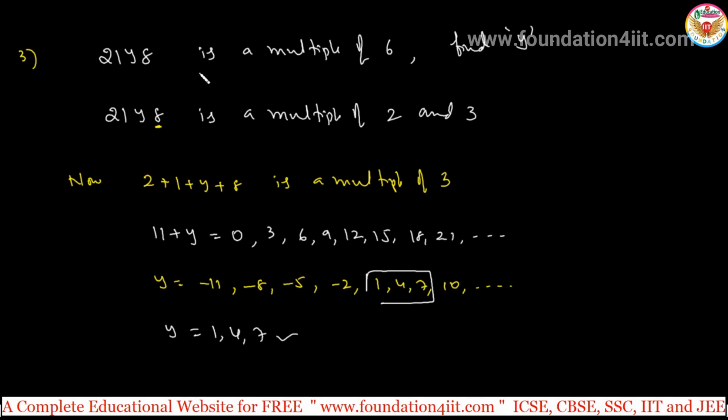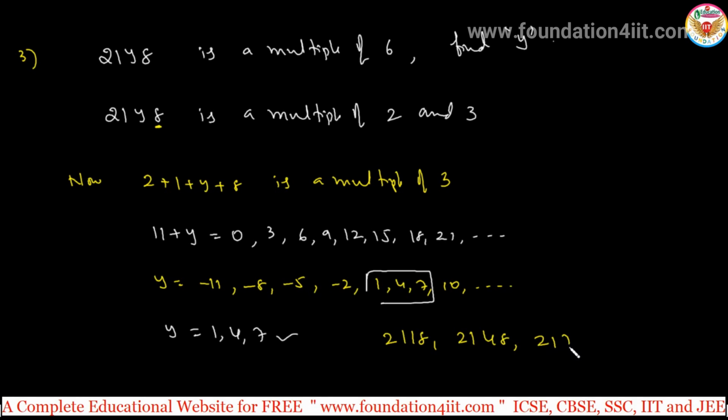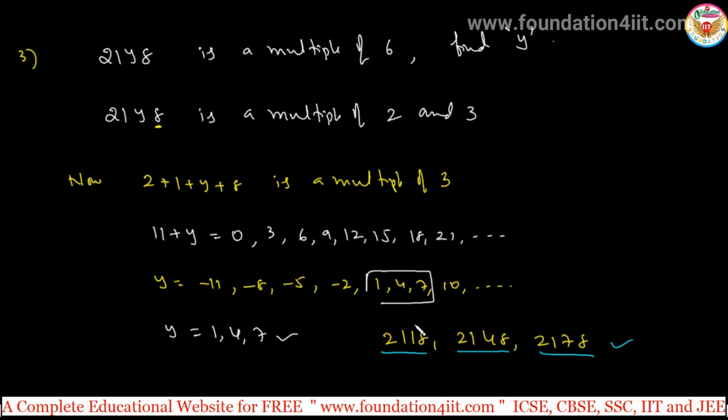It satisfies being a multiple of 6. That means 2118, 2148, and 2178 are the multiples of 6, with 1, 4, 7 in the place of y. Only the value of y was asked.